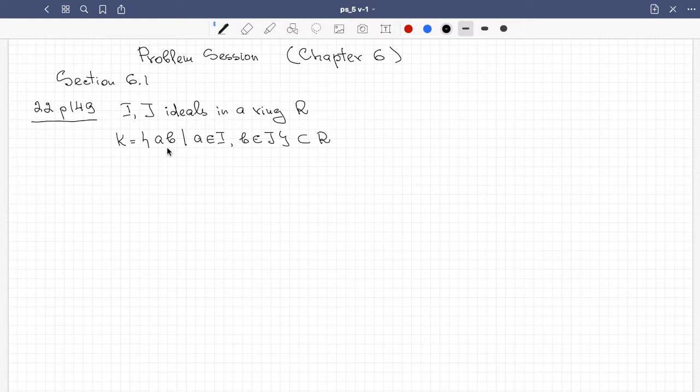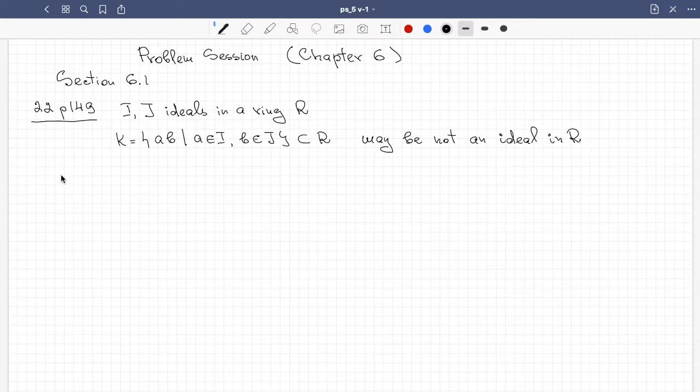However, in this case, this may not be an ideal. And a counterexample is not so easy to come up with, so I will show you.